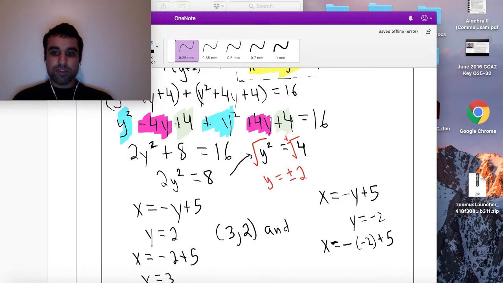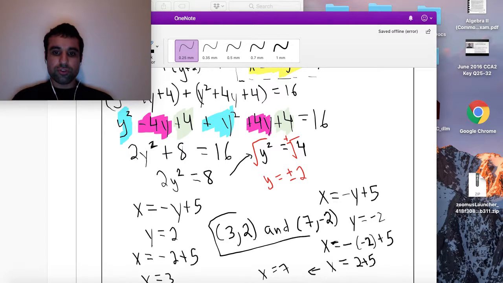The opposite of negative 2 becomes positive 2. So this becomes 2 plus 5, and this gives us x equals 7 when y equals negative 2. So the other solution is x first, y second: (7, -2). And these are our two solutions, our two ordered pairs, the points of intersection.